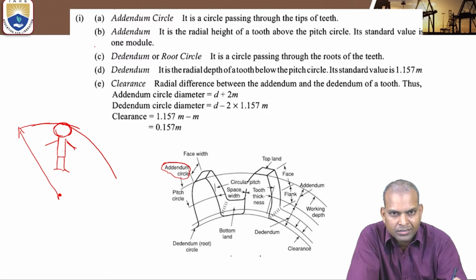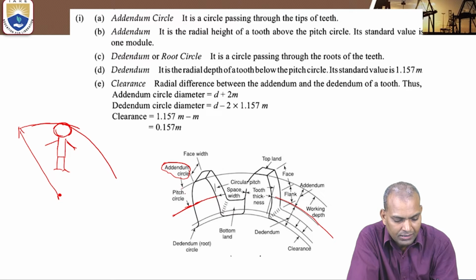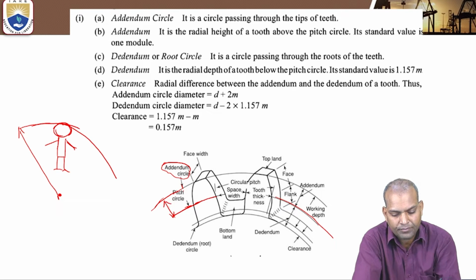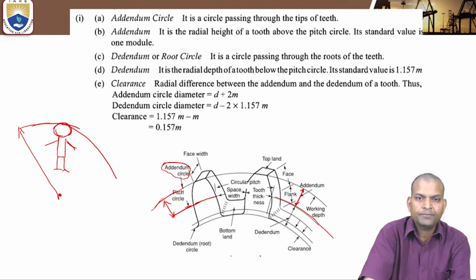Another definition is that it is the radial height of the tooth above the pitch circle. This is the pitch circle, and above it, the distance between the addendum circle and the pitch circle is the radial height. This distance is the addendum.